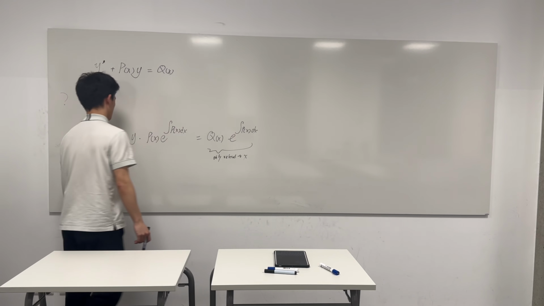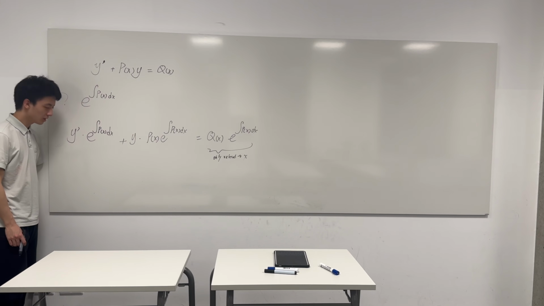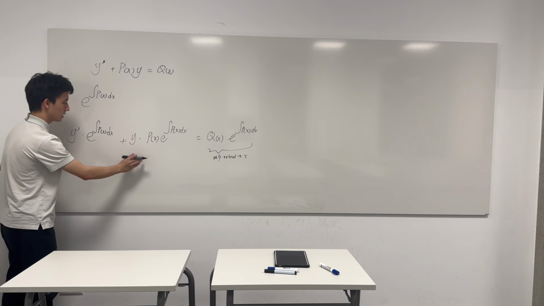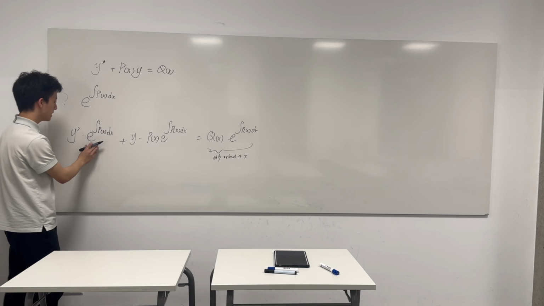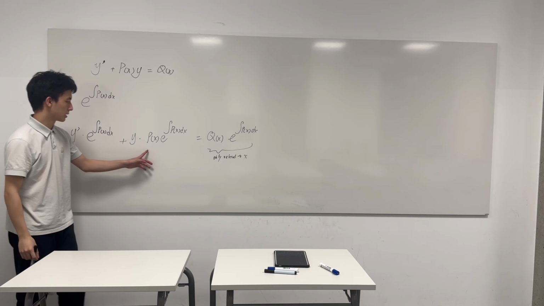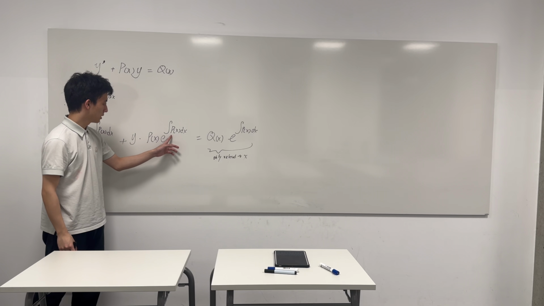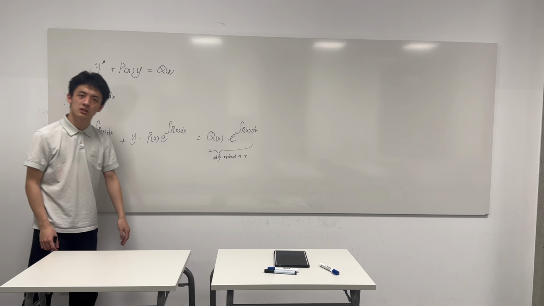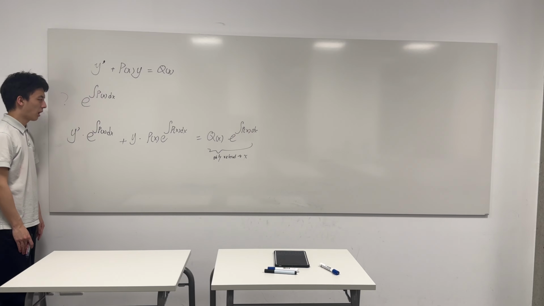Let's look at the left side. So y derivative plus y px e to the power of indefinite integral of px dx. Since there's a px e to the power of indefinite integral of px dx, how is that special?